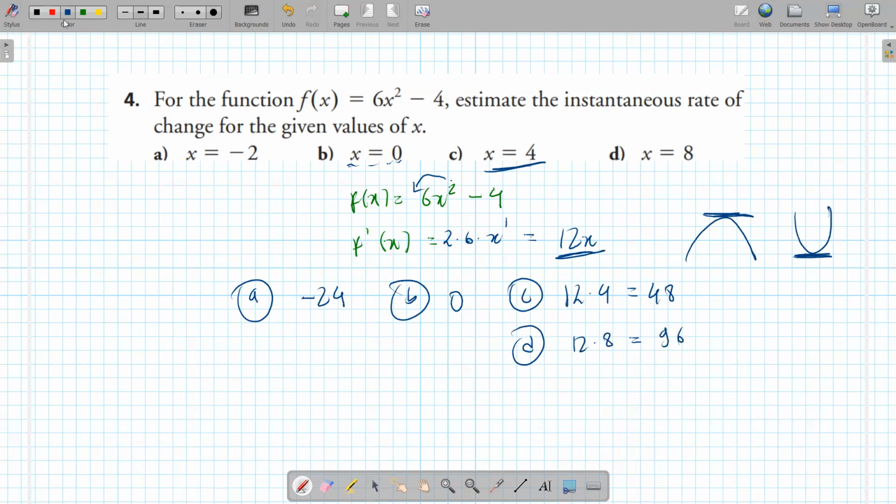But the issue with this is you can't use a shortcut in this course, whatever this course is. The way you answer this in an assignment or a test is you have to do this 4 different times. You do this approach for A, and then you do the same thing for B, where you'll go from negative 0.01 to positive 0.01. You'll use the calculator approach, or you need to use the difference quotient to show where you got this from.